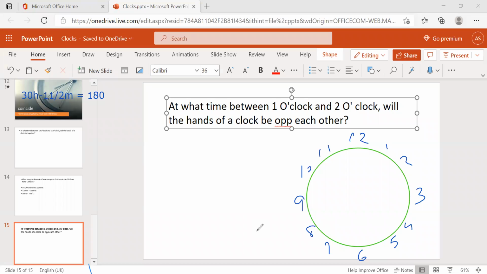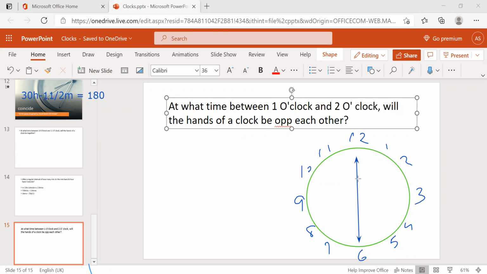Now see which are opposite to each other. If 12 and 6 are exactly there, then they will be opposite to each other.